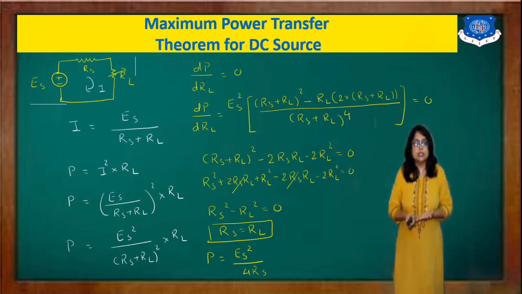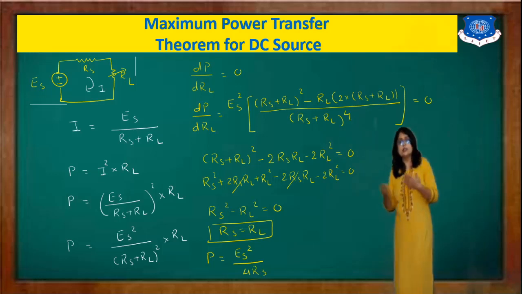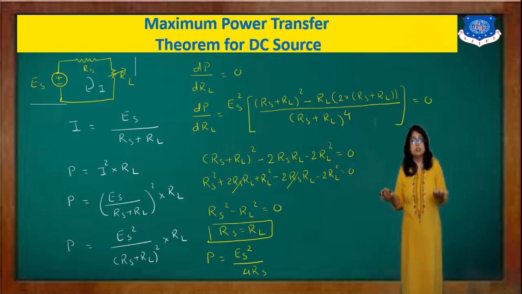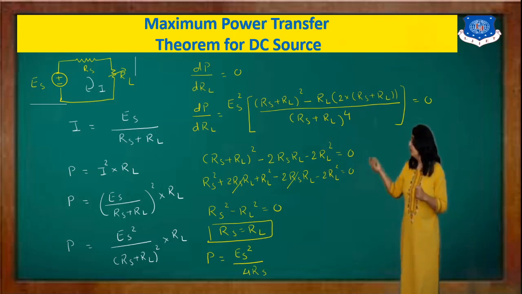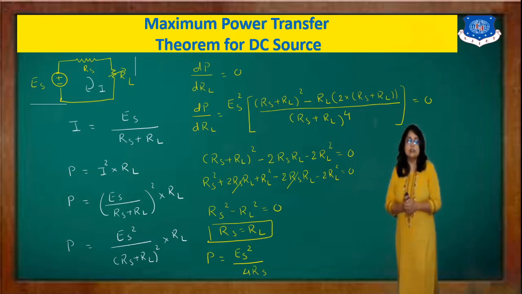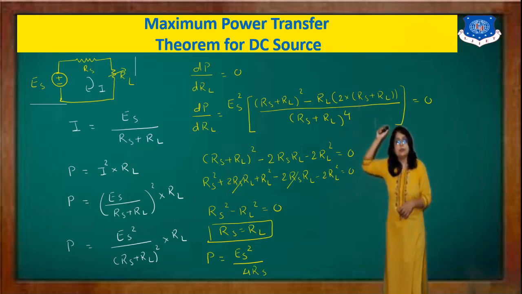One more thing I want to tell you: in an exam, maybe the circuit is not like this. Maybe you have some series-parallel combination of resistances, or maybe you have more than one source. So at that time, how can you find the value of this resistance? Because you can say RL equal to RS, but if your network is like this, at that time what do you have to do?